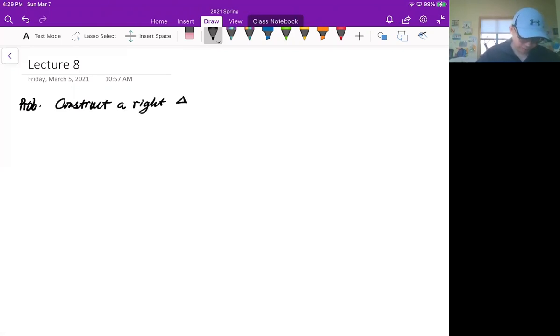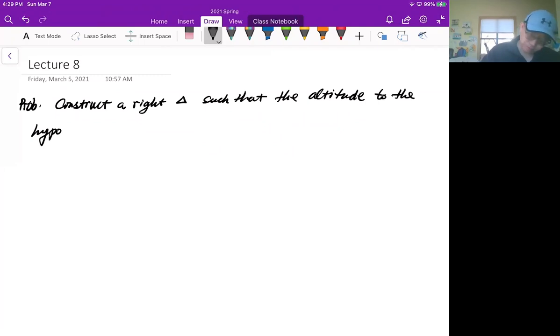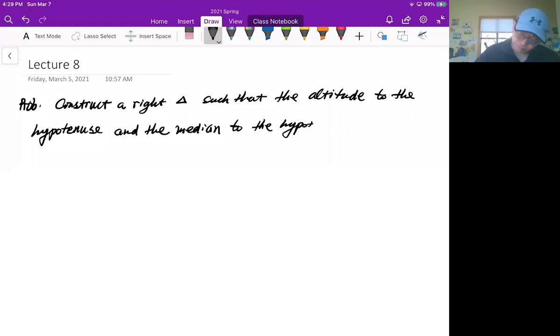I want to construct a right triangle such that the altitude to the hypotenuse and the median to the hypotenuse have lengths R and S respectively.